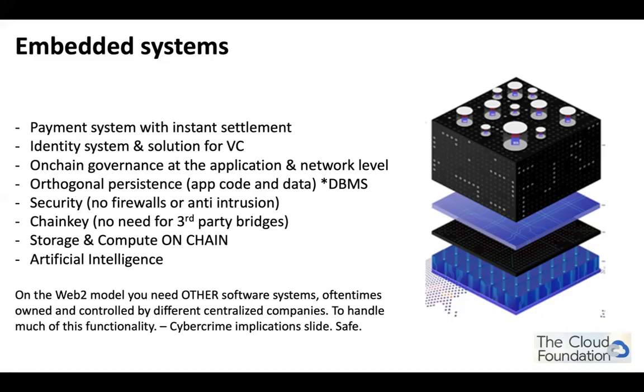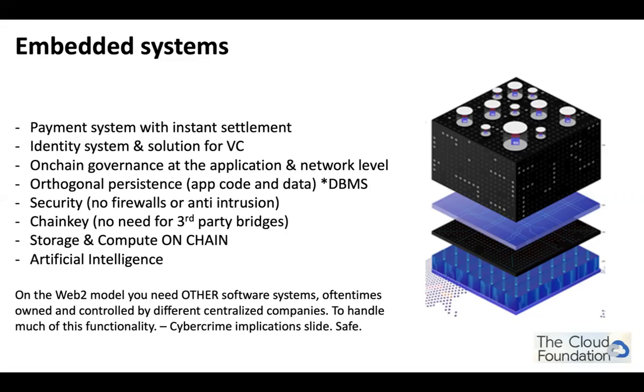Chain key, no need for third-party bridges because ICP can integrate natively at the network level with other layer ones like Ethereum and like Bitcoin. And they're going to have a bidirectional integration, read and write to the Ethereum blockchain, between Ethereum smart contracts and ICP canisters after the integration is complete.